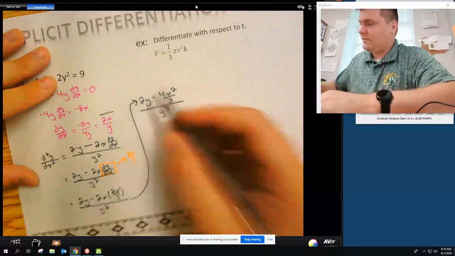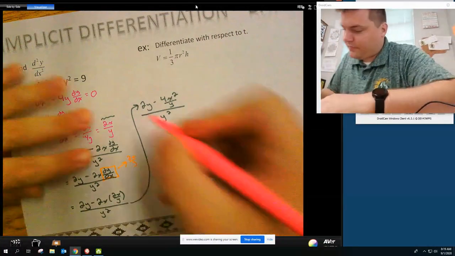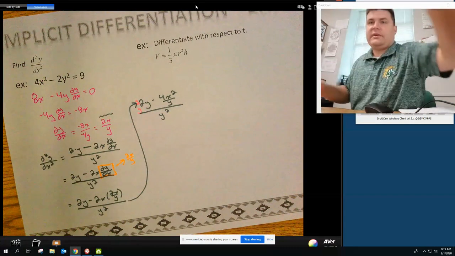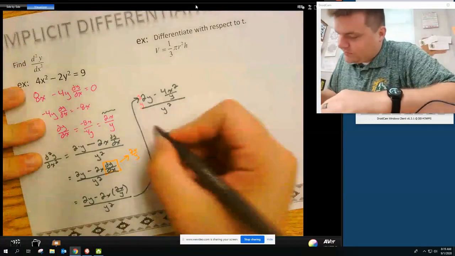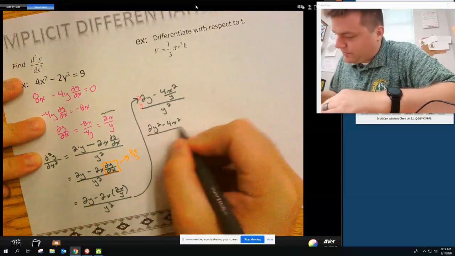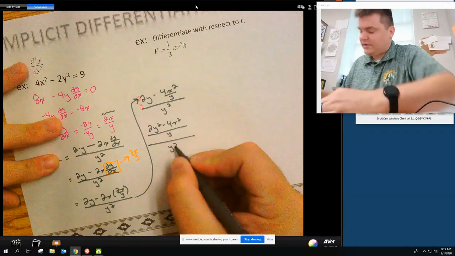So I'm going to multiply this by y over y, so I can make this into one fraction. So this is going to become 2y squared minus 4x squared all over y, and then that's all over y squared.